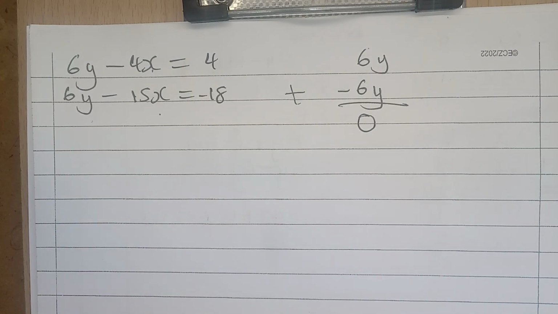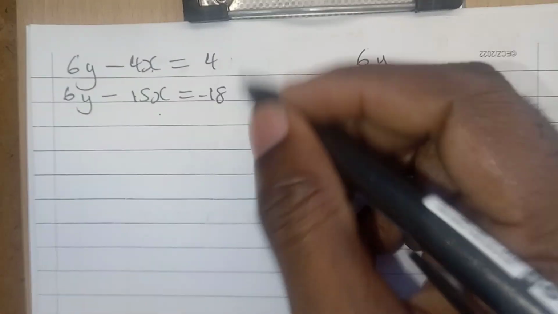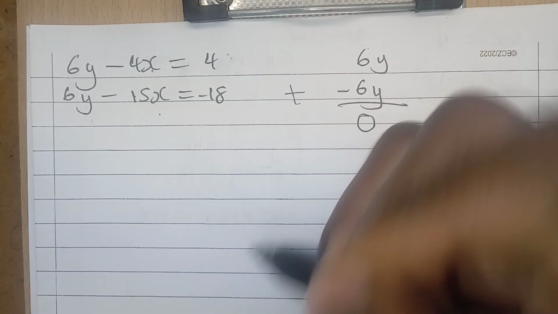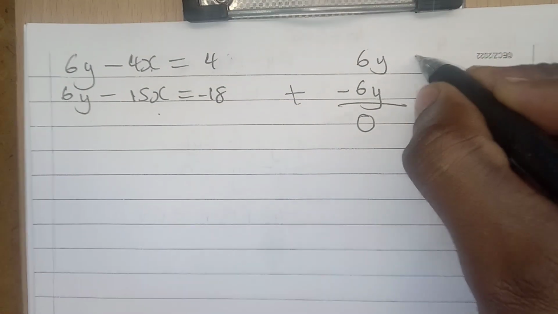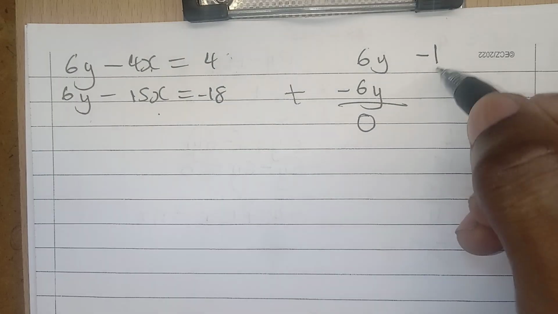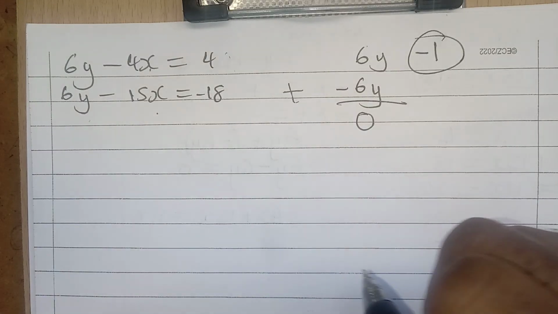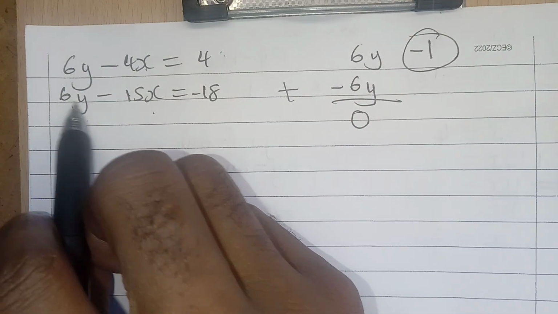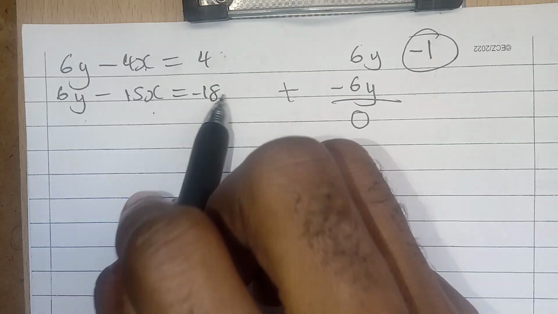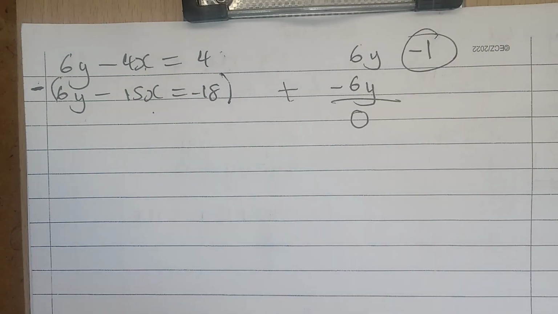So in order to solve a problem like this, you can pick one of these two equations, but not both. Just pick one and then multiply it by a negative, or negative 1. It's still the same thing, whatever you do. So for me, I'll pick the second equation and multiply it by negative 1.